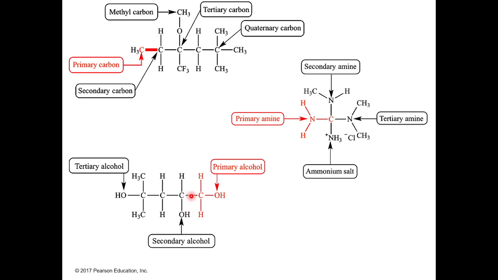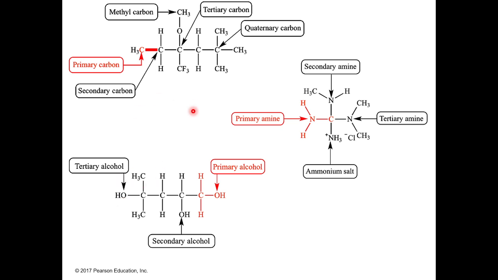It has one other carbon attached to the carbon it's attached to, right? This right here is attached to a carbon which has 2 carbons attached to it. So that is a secondary alcohol. This right here would be a tertiary alcohol because how many carbons are attached to the carbon it's attached to? 3.